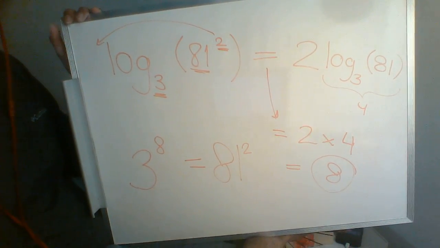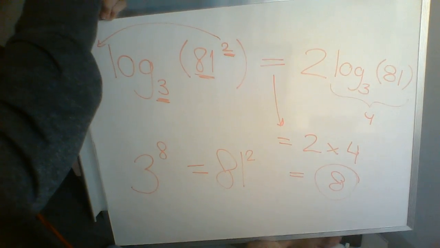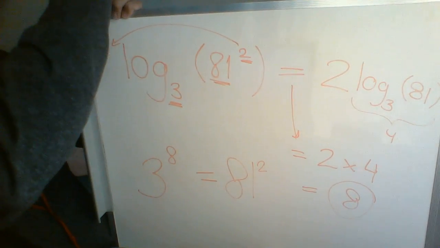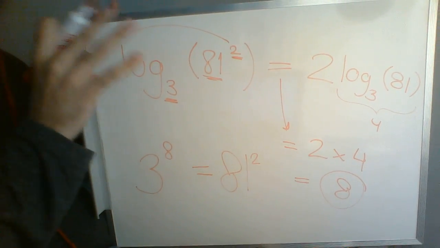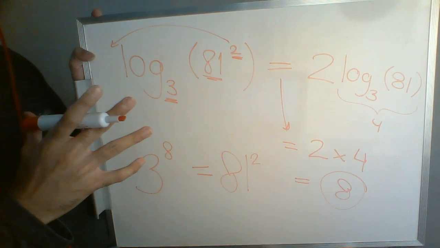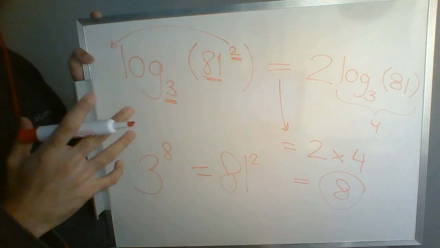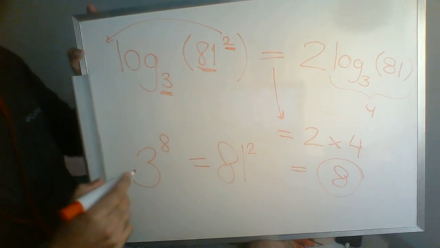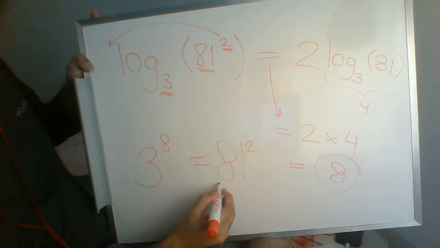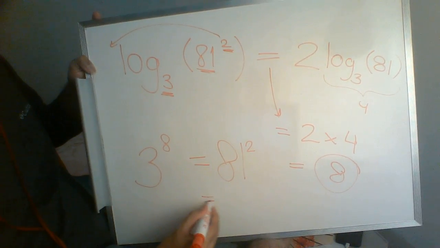The other way that you could go about this is if you consider exponent rules and the rules for adding and subtracting and multiplying exponents together. 81 is the same as 9 squared, right?